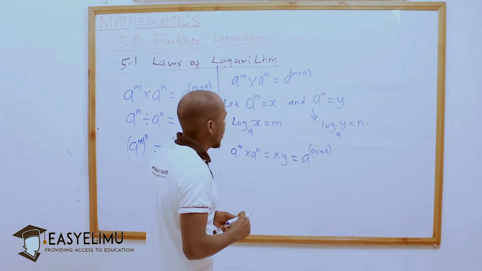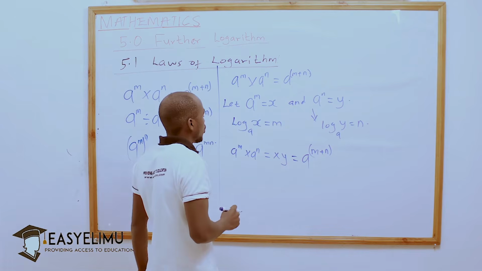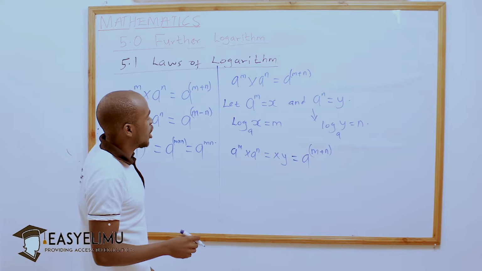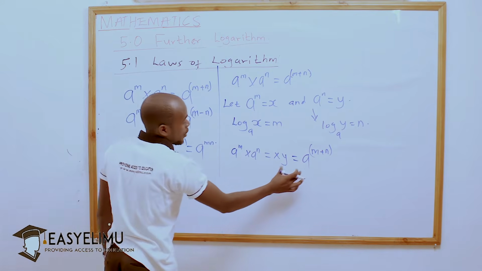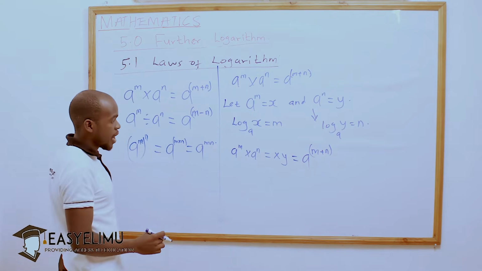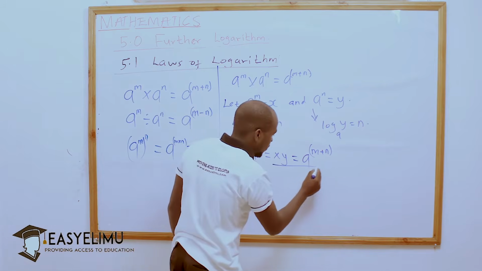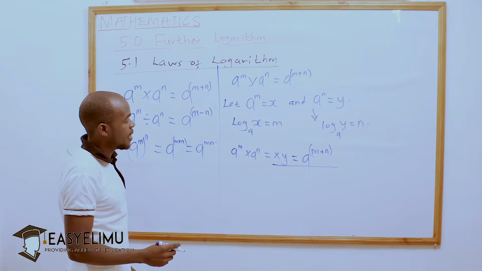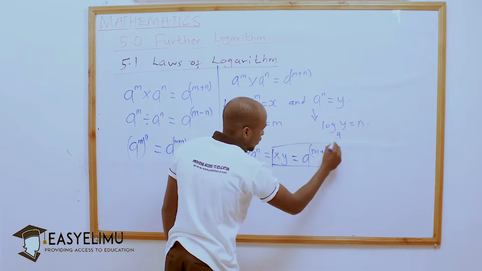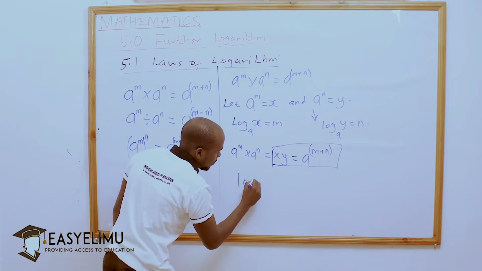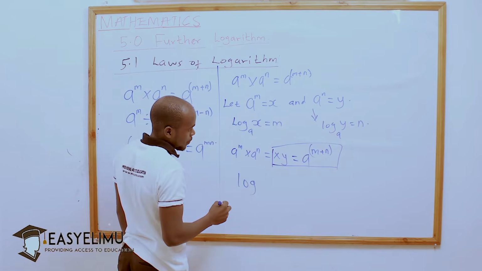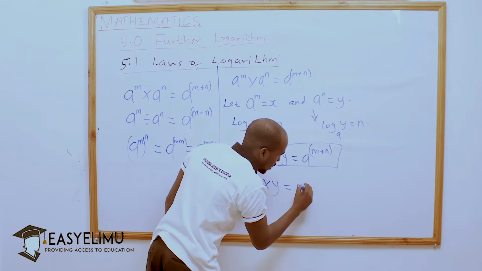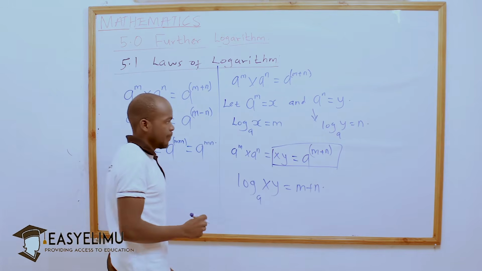And then we can say further that if we introduce the logarithm there, let's consider this part here. If we find the logarithm of xy to the base of a, we are going to get m plus n.